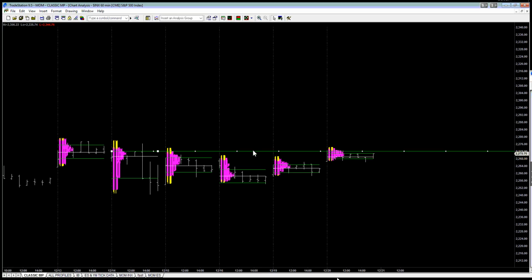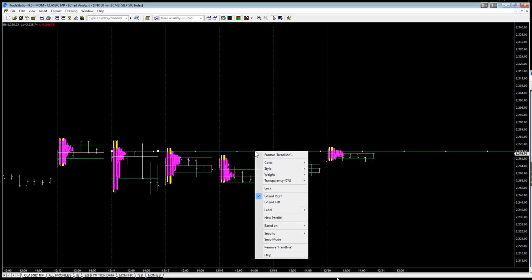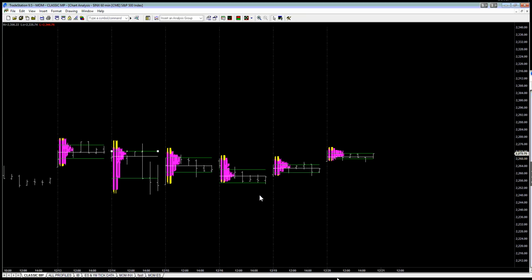Okay, so that's the whole point here, is to make sure that you know what those levels are. Now, we said that there's more than one way to draw these. When you're just trying to get your numbers, we recommend using the 60-minute chart. But when you're actually trading, you want to use something that's faster than that.